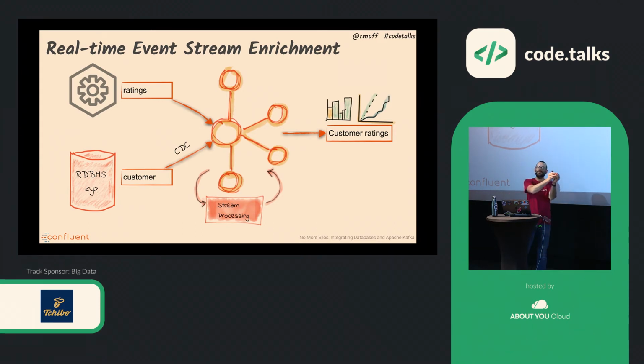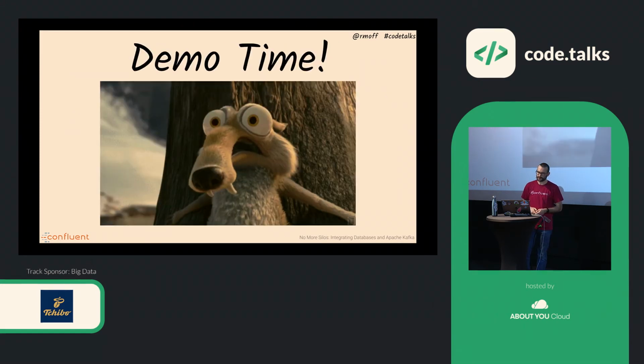I've got an application that wants to know about ratings, and I need to know who the customer is. Option 1, I subscribe to the original rating stream, and then I somehow do lookups against the database. Sucks. I cache the database locally. Sucks. Oh, I could also use that enriched data as it passes through Kafka. That's nice and easy. Because that same enriched data, I might also want to write down to Elastic and do analysis on top of it. But you enrich data once, use it many different times.